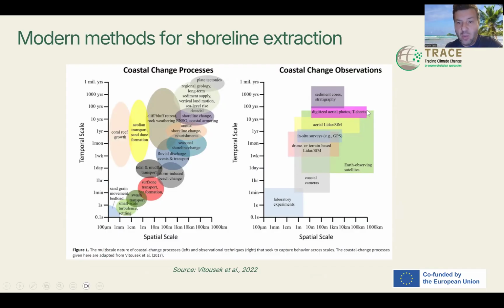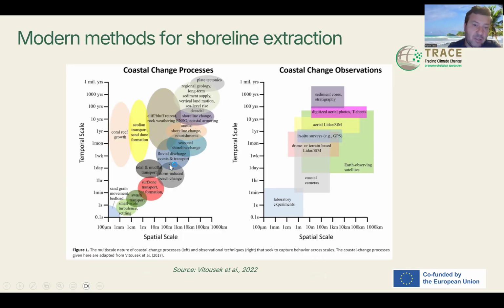So basically, we can cover areas from meters to hundreds of kilometers, maybe more than 1000 kilometers, and temporal scales from hours and days to decades. So there is a large palette of temporal and spatial scales, and that's why the Earth observing data are very important nowadays.